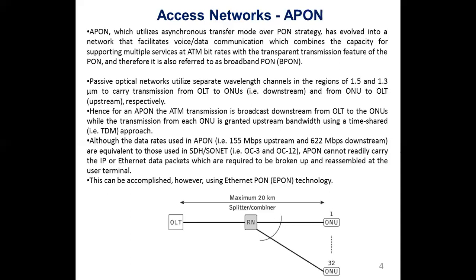But such kinds of passive optical networks cannot carry IP or Ethernet data packets because that will be bursty or dynamic in nature. However, if you want to deal with the bursty or dynamic nature of data, then the Ethernet PON, EPON, is much more efficient.